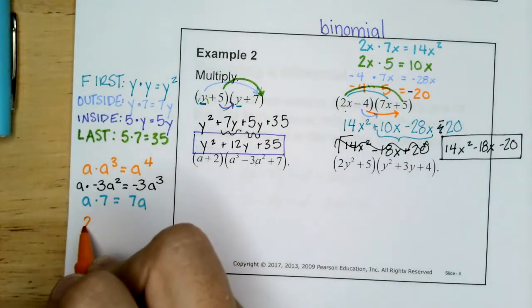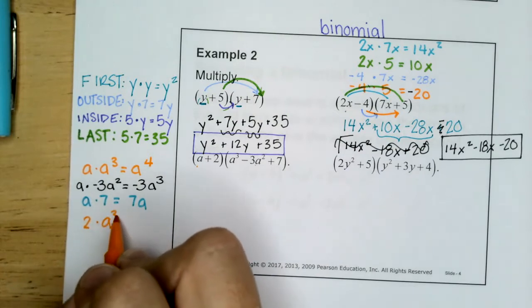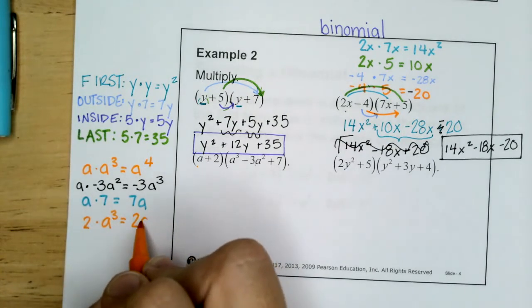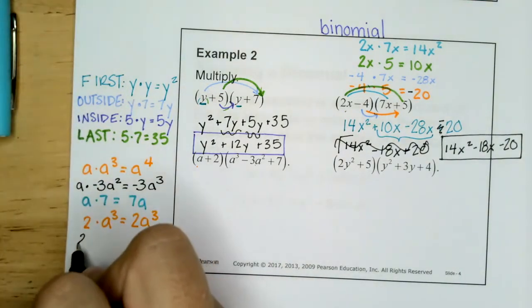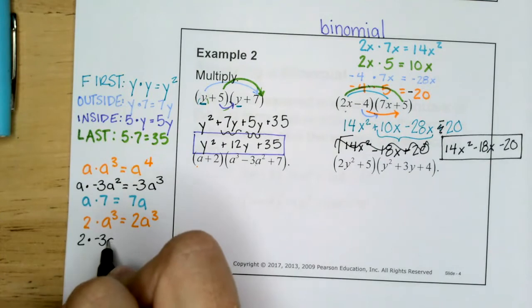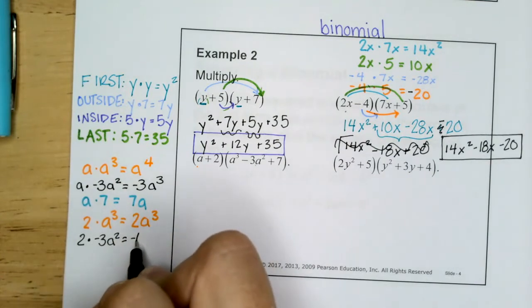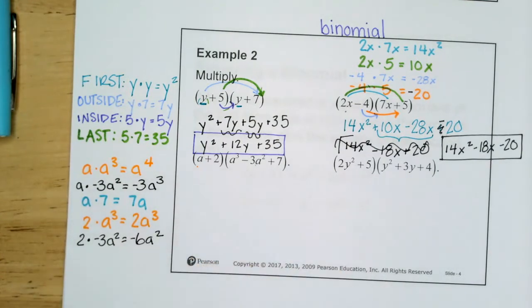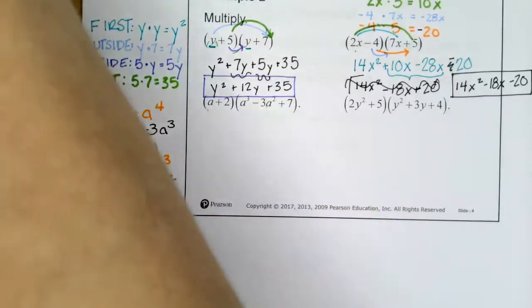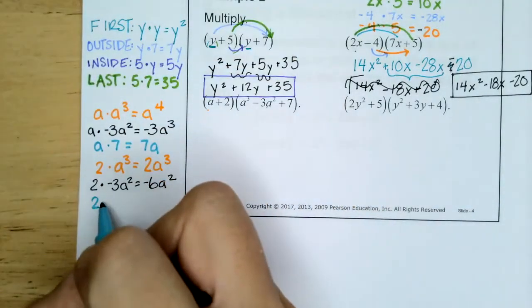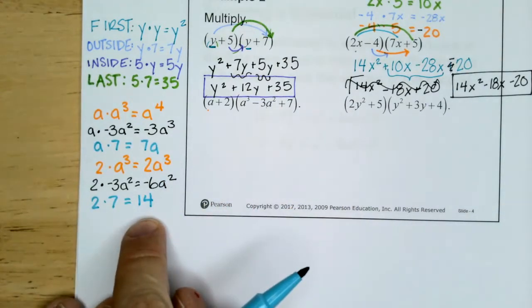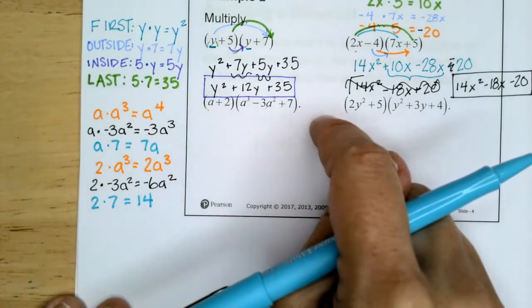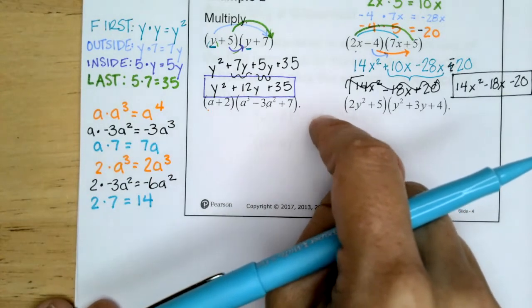And then we're going to just go back through those same numbers, but with 2 instead of a. So now we have 2 times a to the third equals 2a to the third. 2 times negative 3a squared is negative 6a squared. And 2 times 7 is 14. Then we're going to take all of those, list them out here, and combine like terms.